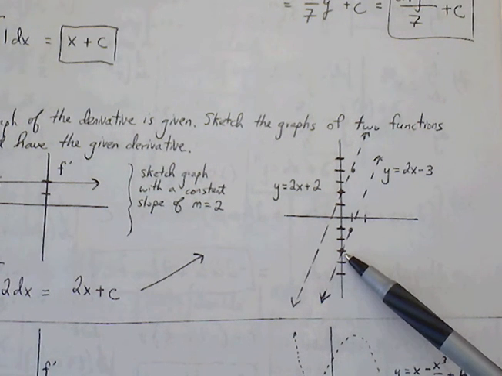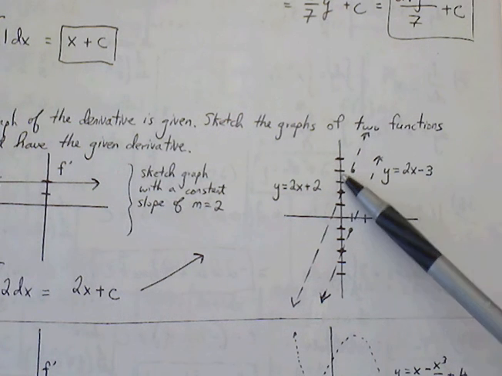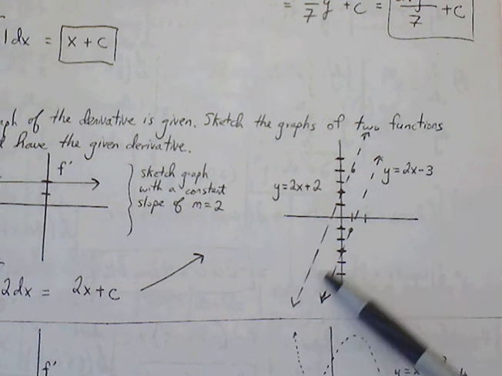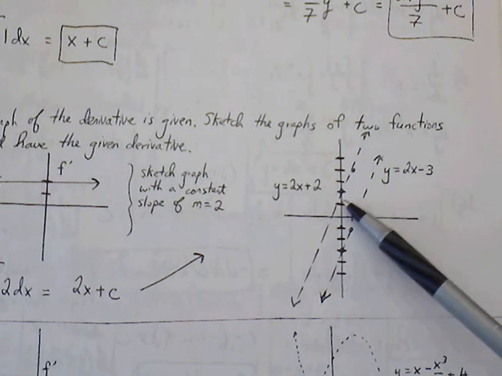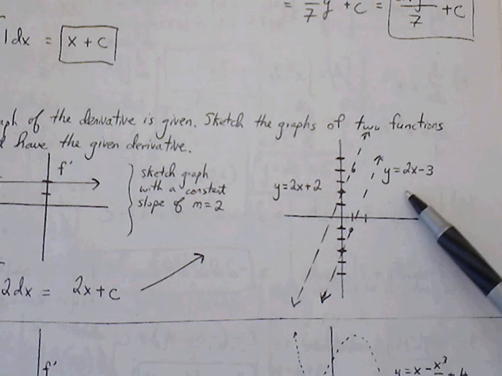So if I have a y-intercept at 2, I can make the graph y equals 2x plus 2. This has a slope of 2 over 1 for any point on the graph. And now I can also have 2x minus 3, a graph with a slope of 2, but my y-intercept being negative 3.